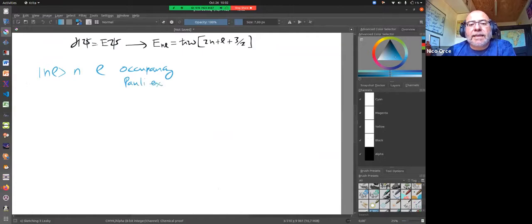Remember that these guys are fermions, and they must obey Pauli's exclusion principle that no two particles exist with the same quantum numbers, right? And then here we're going to put the energy of the particular orbit. So this is an orbit. This is the number N, L, the occupancy. So we're going to make our little table.